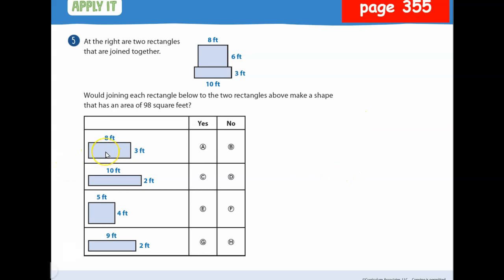Well, the area for this one is 24. What's the area for this one right here? 20. What's the area for this one? 20. And what's the area for this one? 18.